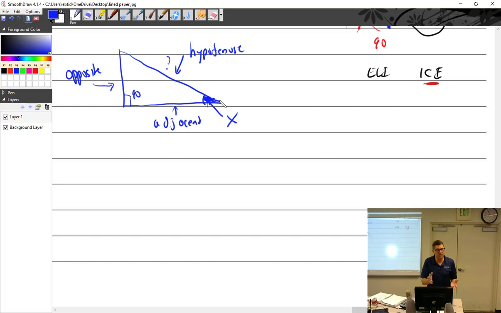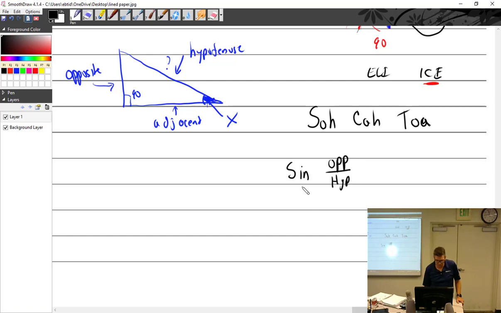Then we have the functions: sine, cosine, and tangent. You get to choose which one you want, and I don't care, but this is how it works. It's SOHCAHTOA, which means sine is opposite over hypotenuse.